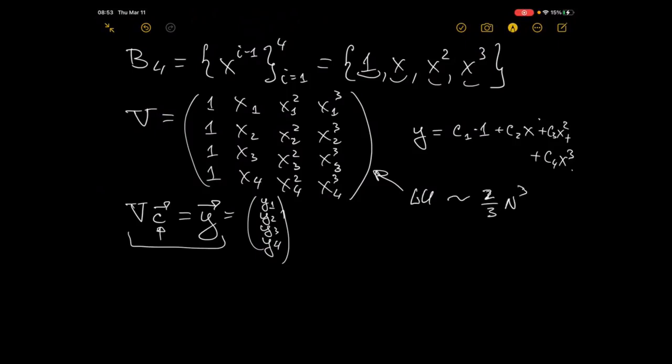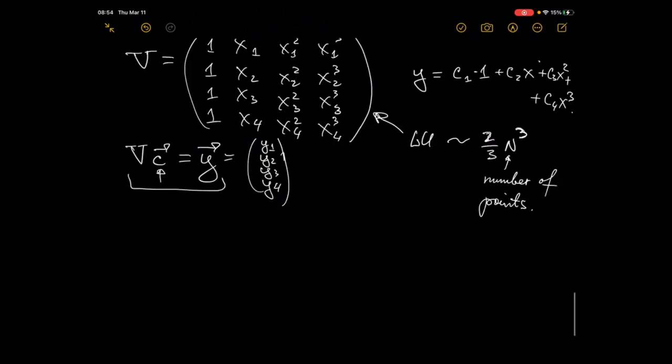Usually the number of points is way more than 4, so 2/3 n cubed operations, where n is the number of points. There are also good things about this method, but we will discuss them later.